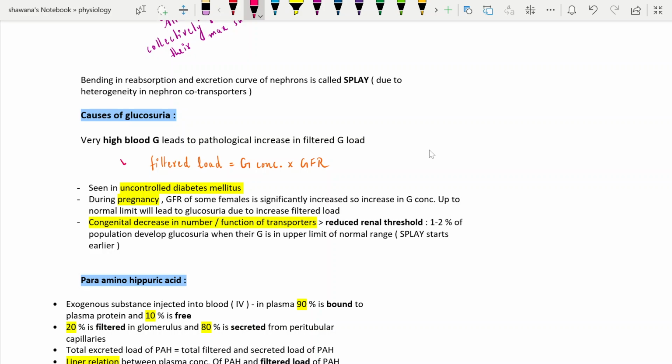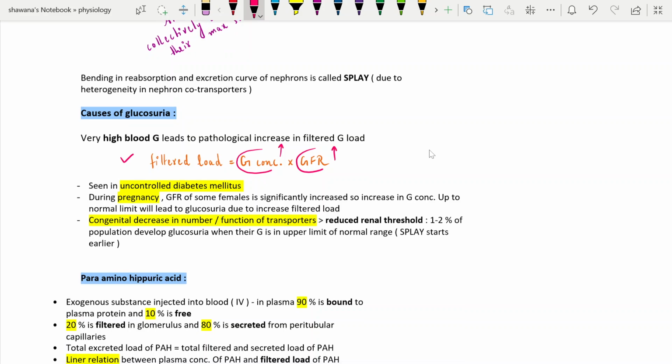Filtered load of glucose is equal to the glucose concentration in the blood multiplied by the GFR. Either of the terms can increase and it will lead to an increase in the filtered load of glucose.